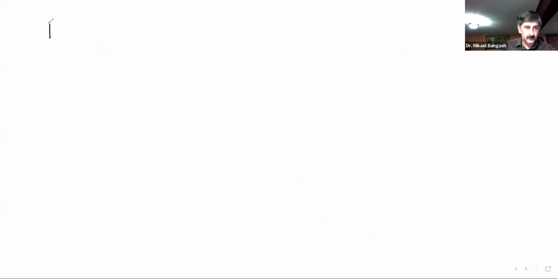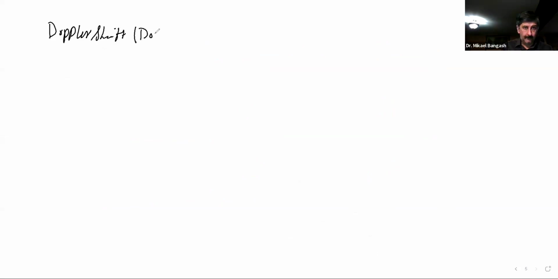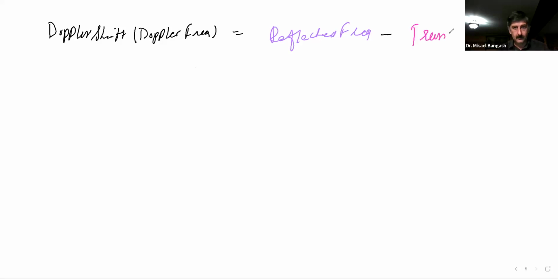Okay, dear guys, we can say that the Doppler shift, known as the Doppler frequency, equals the reflected frequency subtracted from the transmitted frequency.